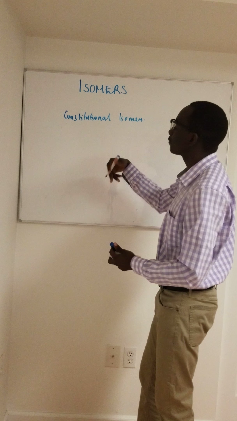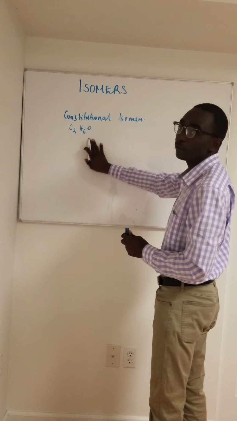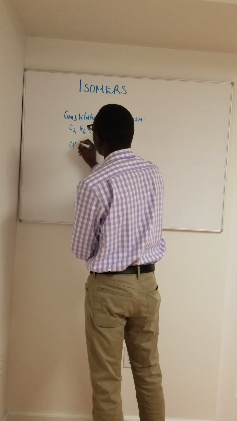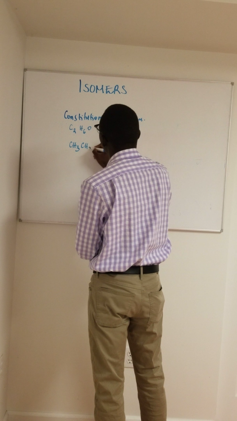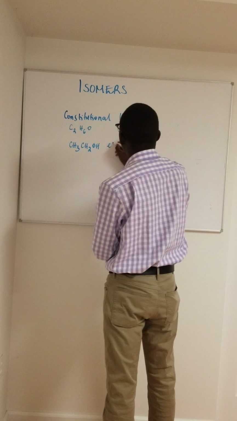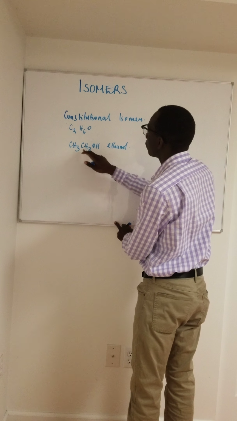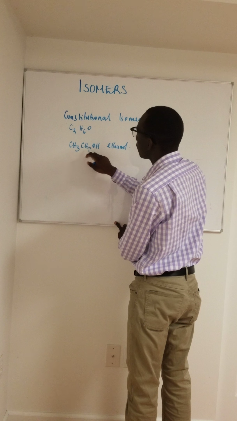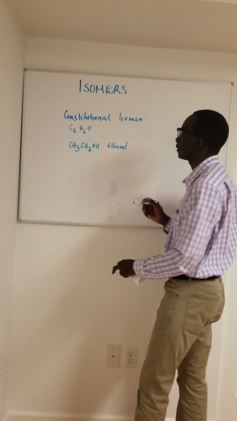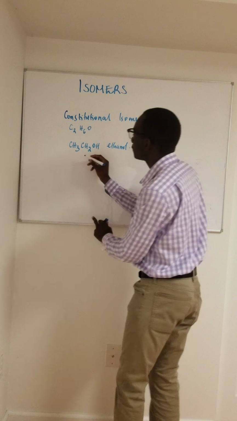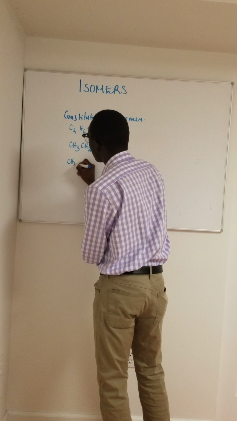For example, if I have a general formula of C2H6O, I can have a number of isomers with this general formula. For example, I can have CH3CH2OH, which is ethanol. So these are 2 carbons, 6 hydrogens and 1 oxygen. So I can have ethanol from this, and if I rearrange this, I can still get another group.